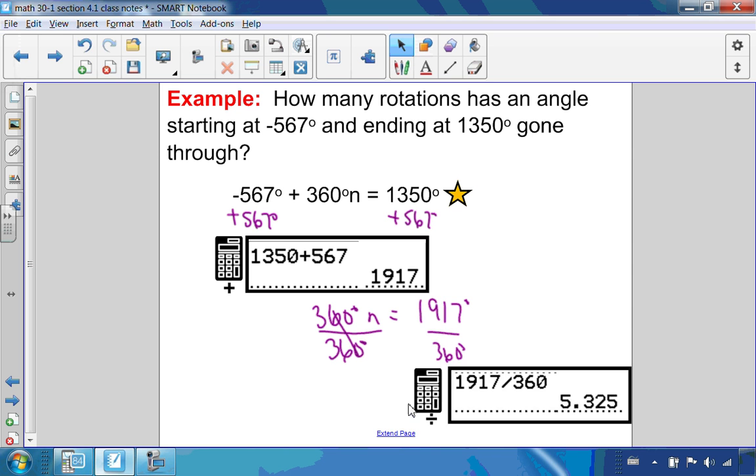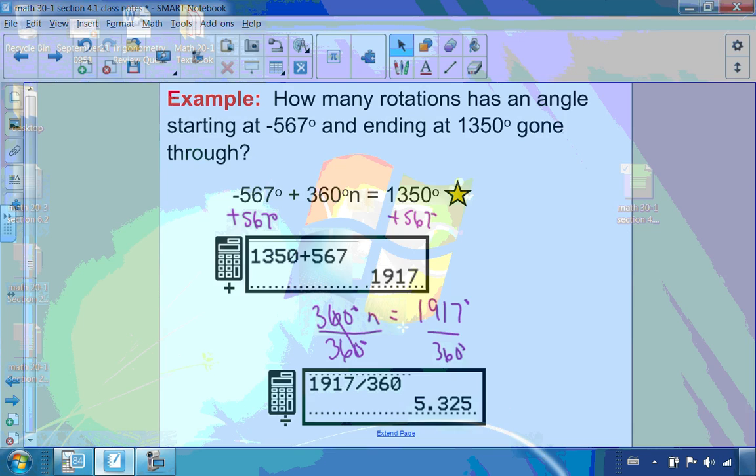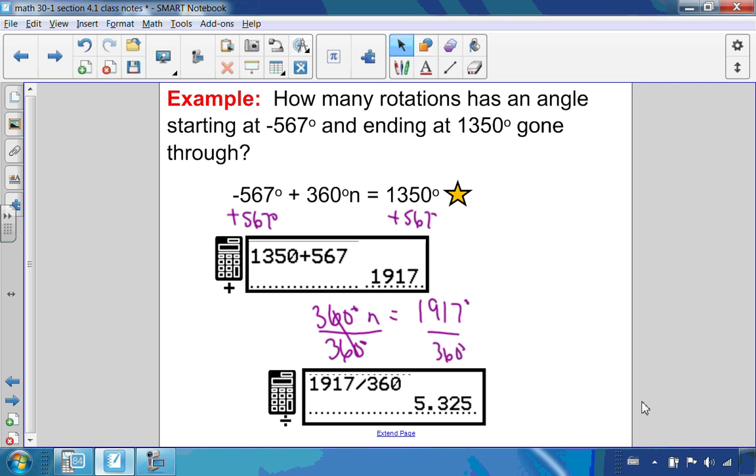So the number of rotations that it's gone through. Now, depending on how the question asks you to answer this, if they want to know to the nearest whole number how many rotations or to the nearest tenth, just pay attention to how the question is worded. Now, it says how many rotations has it gone through?